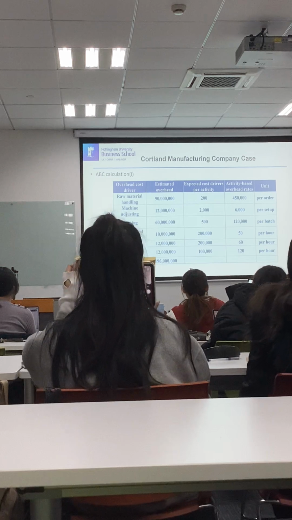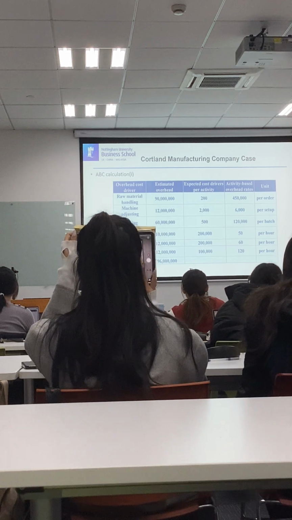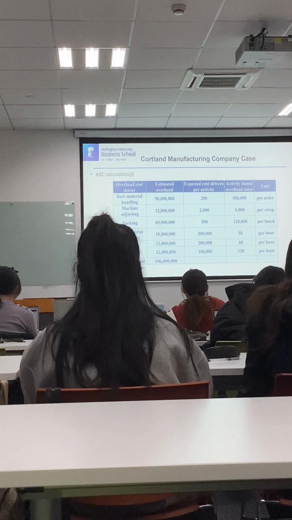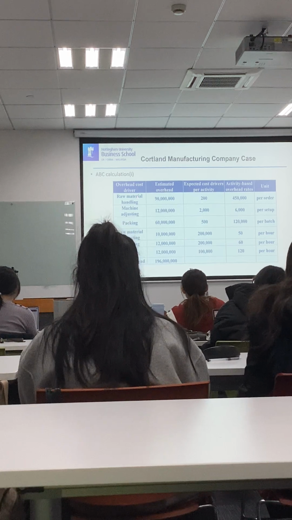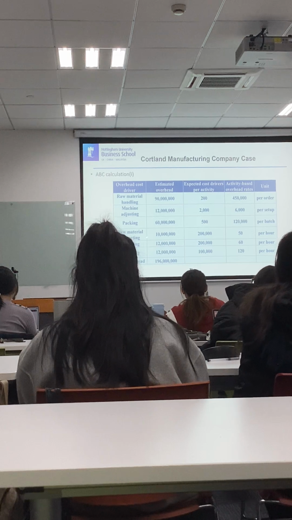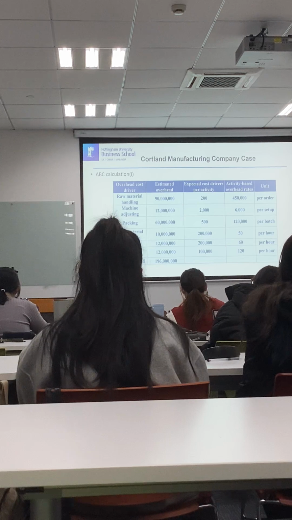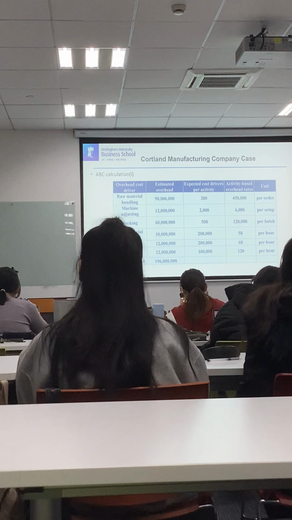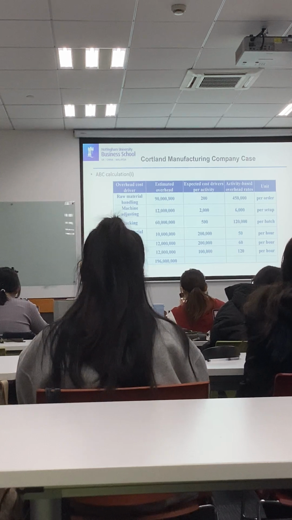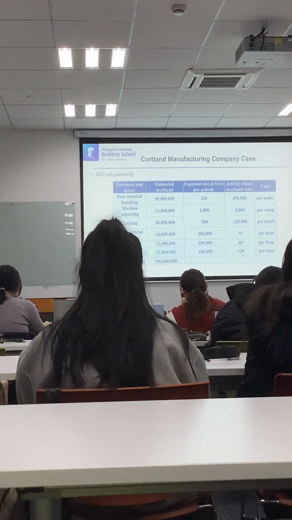In ABC we identify 6 cost drivers: raw material handling, machine adjusting, packing, and also the 3 types of machine hours, inspecting, soldering, and assembly, now regarded as different cost drivers.